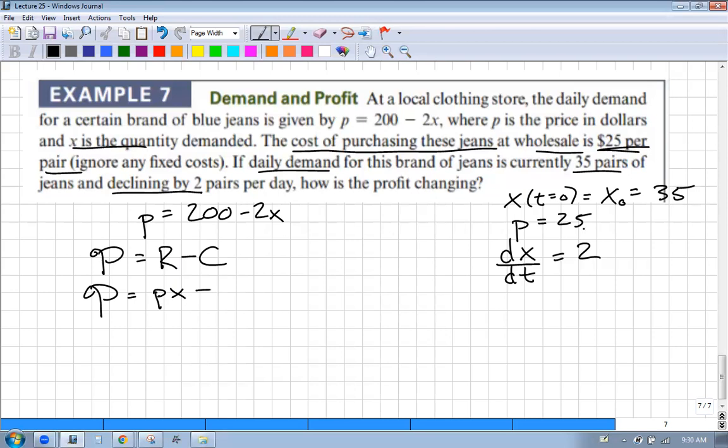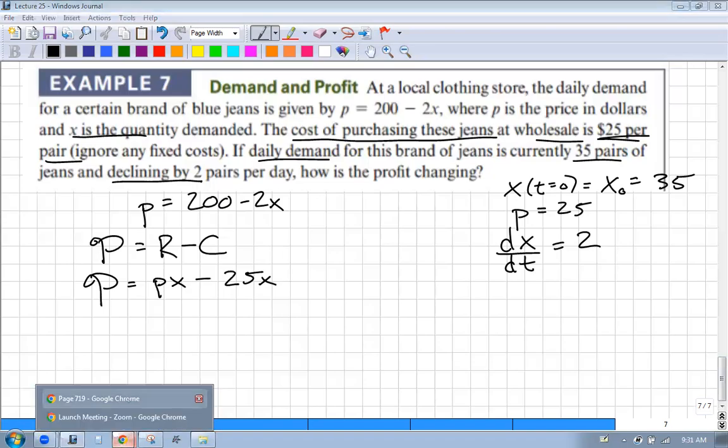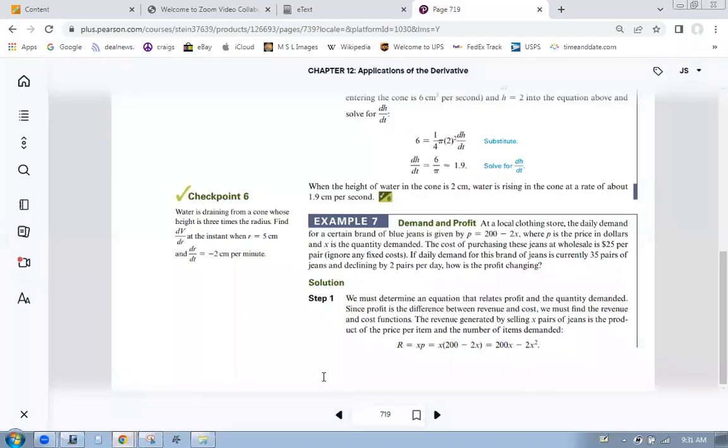And then the cost, they said, was 25 per pair. I'm still getting confused with this price. Is this the cost or the price? This is my best guess right here. Let's see what they got. See if I was remotely close here.